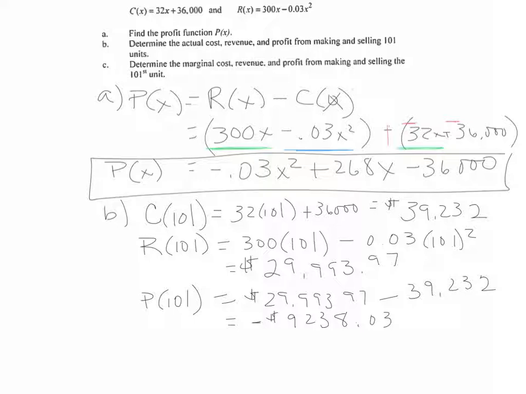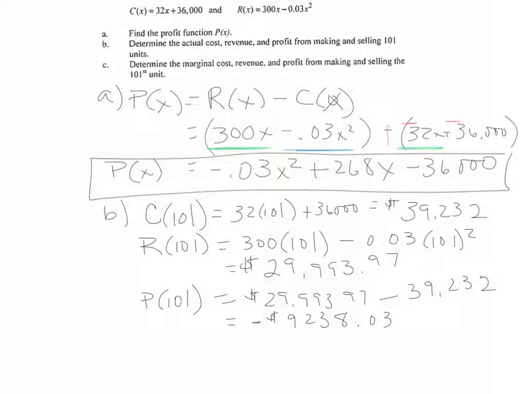If I want to know the actual cost of the 101st unit, then I would need to do what? If I knew how much it cost to make 100 units, could I subtract that from what it costs to make 101? Wouldn't that tell me the actual cost of the 101st unit?